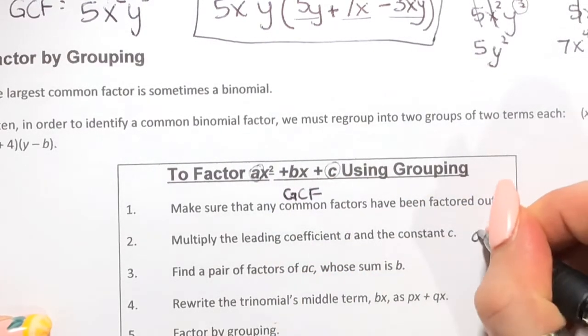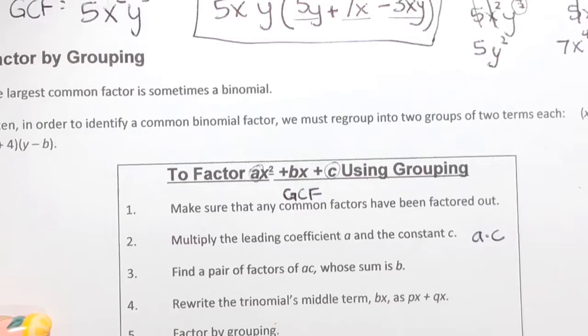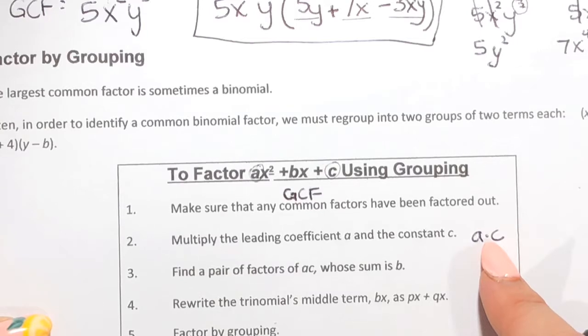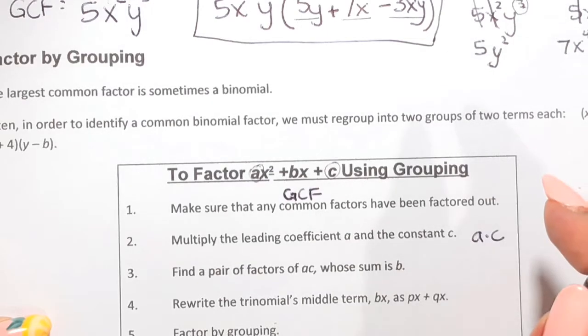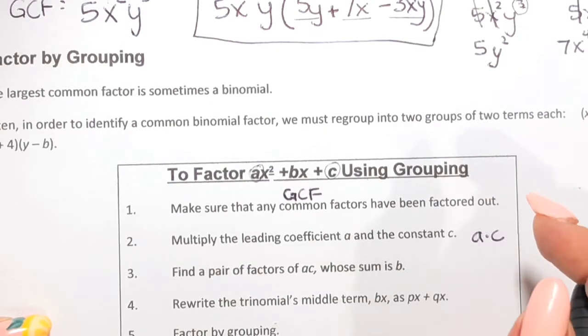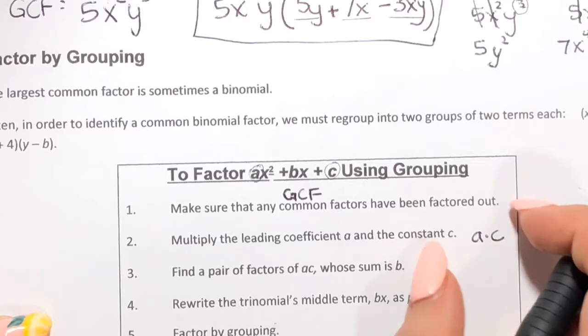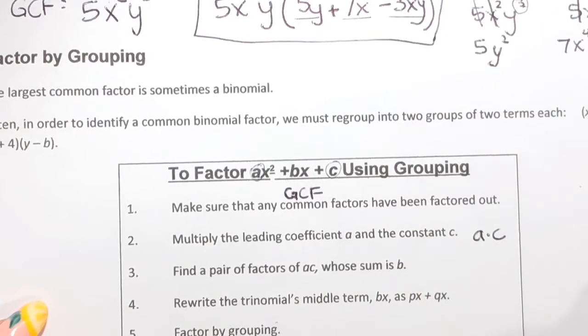So you're going to do A times C. And then you're going to look and see what numbers multiply to be this, but add to be that middle number, B. And then once you have that, you're going to rewrite your middle term using those numbers instead. And that's how you start with factor by grouping.